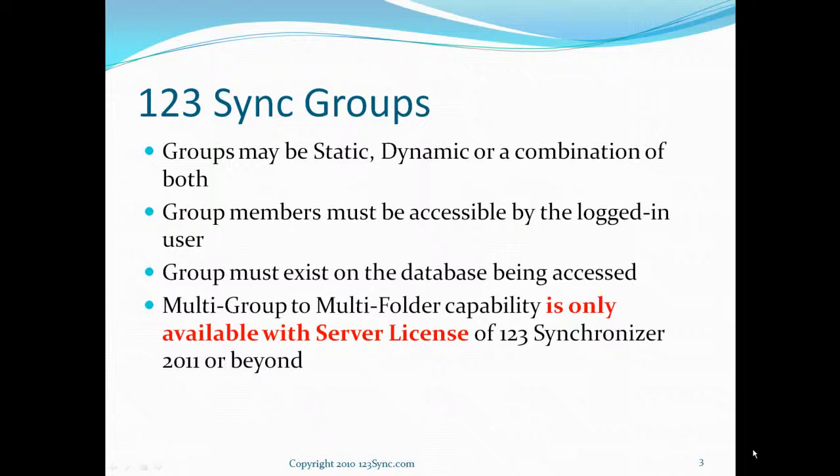I.e., if you logged in as Chris Huffman, you need to have permissions to access number 1, the group, number 2, to be able to read the contact information. The groups also must exist in the database that we open. If we create groups in the synchronizer, we will not see those. Also, this capability is only available with the server license of 123 Synchronizer 2011 or beyond.